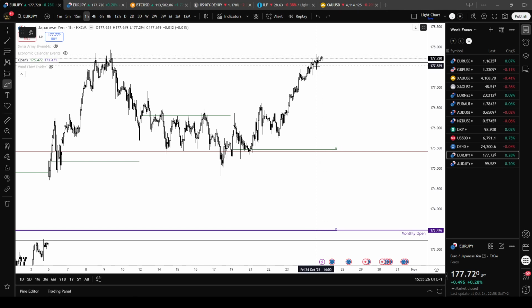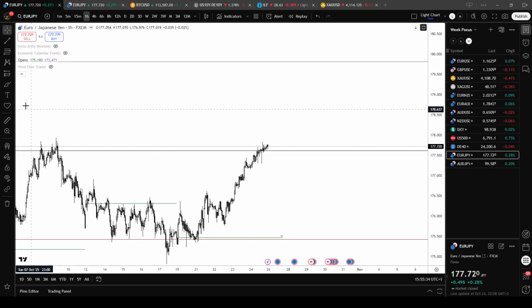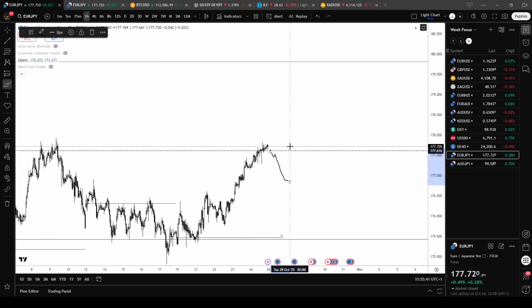I want to see a rejection from this area here, where we also had that a few weeks back, and if it doesn't sell off from here next week, and instead it just starts climbing up, you just target the next level, okay, the next extension.